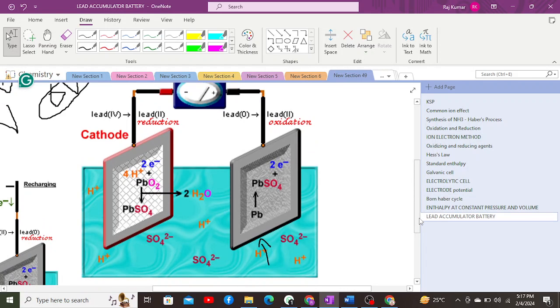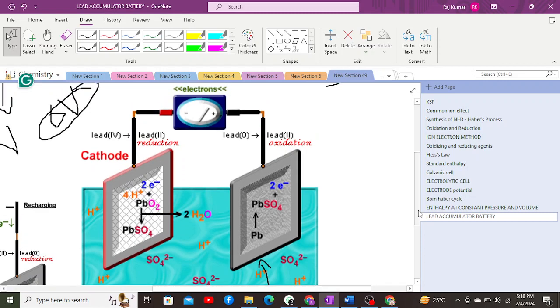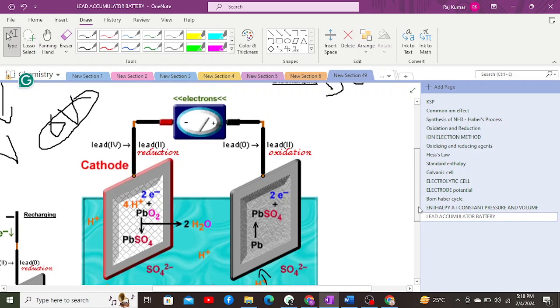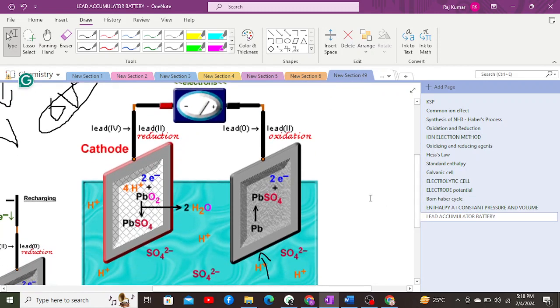This is the first process, discharging of the lead accumulator battery. Now, how can we measure that the battery is being discharged?